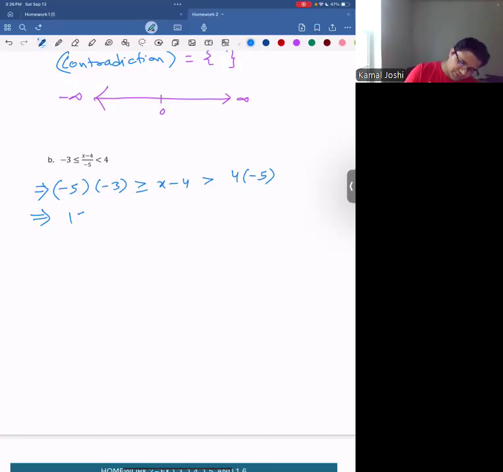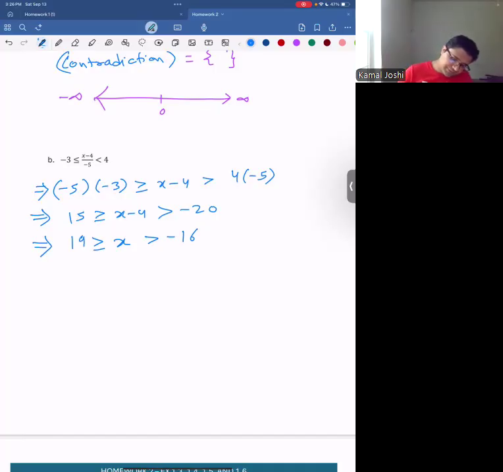That gives you 15 equal or greater than x minus 4 greater than minus 20. This looks fine. I think we'll have a solution. Add 4 now. 19 equal or greater than x greater than minus 16. You are adding plus 4 plus 4 plus 4.